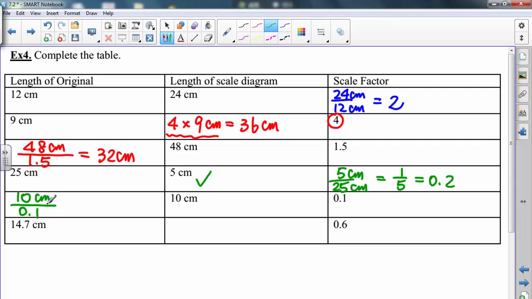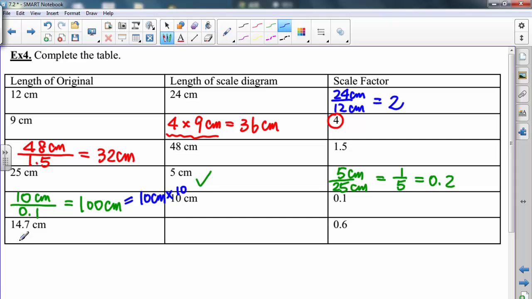So 10 centimeters divided by 0.1 is 100 centimeters. You also can use 10 centimeters times the reciprocal of the scale factor. The reciprocal of 0.1 is 10. So 10 centimeters times 10 is 100 centimeters.